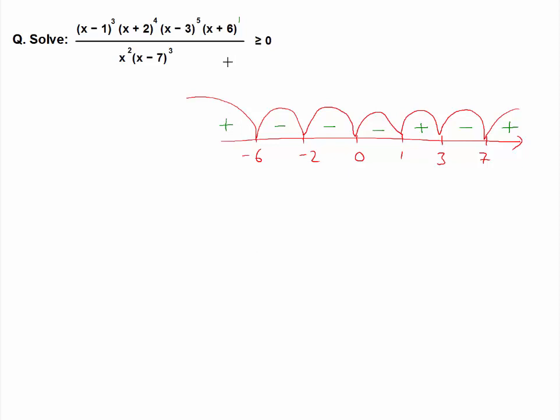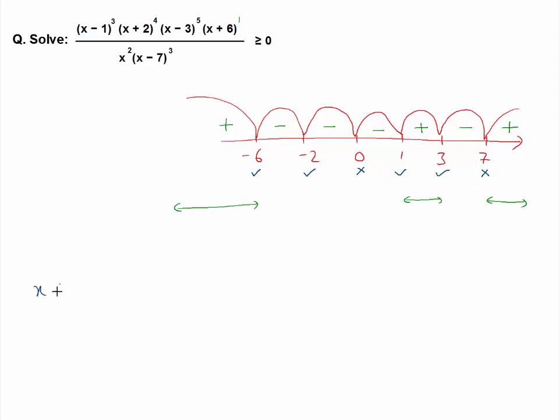Now we want those intervals for which it is positive or 0. So therefore this part, and this part. Now note that whenever the denominator is 0, the expression is not defined. So we will exclude 0 from our solution and we will exclude 7 from our solution. But we will include minus 6, minus 2, 1 and 3.